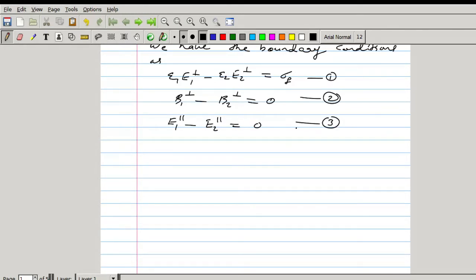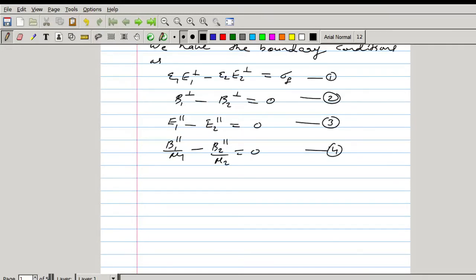And the fourth boundary condition is B1 parallel by mu1 minus B2 parallel by mu2 is equal to Kf cross n.